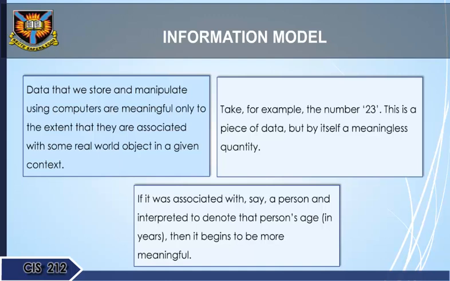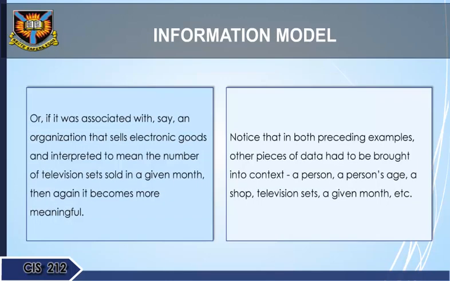If it was associated with, say, a person and interpreted to denote the person's age in years, then it begins to be more meaningful. Or if it was associated with, say, an organization that sells electronic products and interpreted to mean the number of television sets sold in a given month, then again it becomes more meaningful.